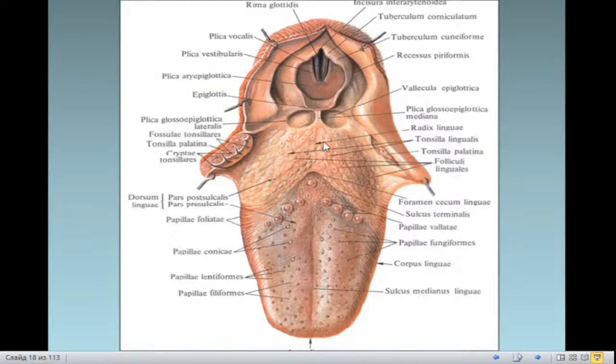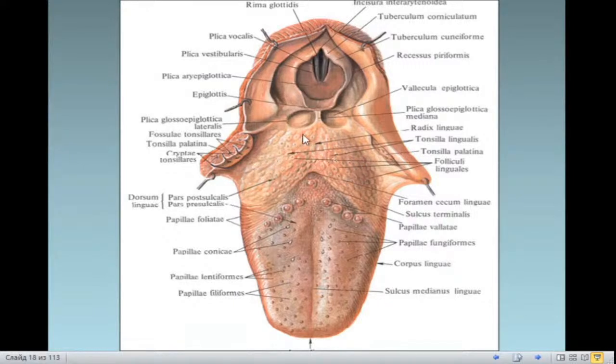At the root of the tongue, you can see the lymphoid tissue that accomplishes the immune function, and sometimes you can see the coating of the tongue because of this lymphoid tissue function.